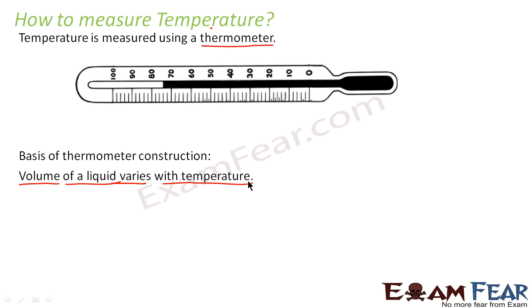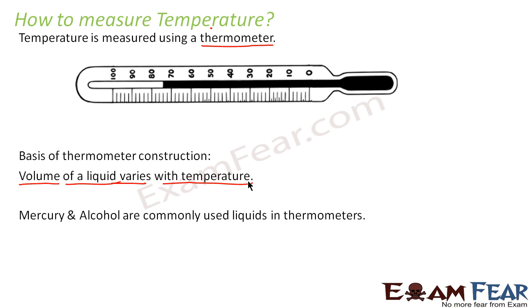Similarly, if you place the thermometer on an object which is very cold, in that case also the liquid will start contracting and again the reading on the thermometer will change. So, basically, the principle behind thermometer construction is that the volume of a liquid varies with temperature.